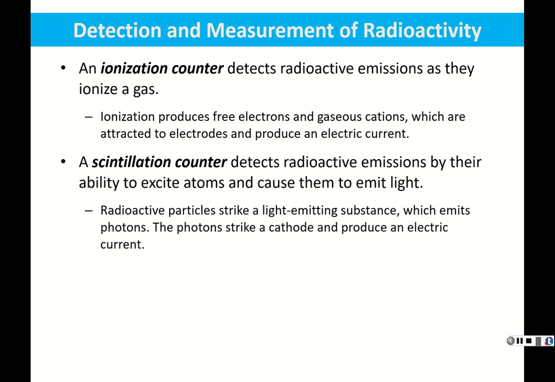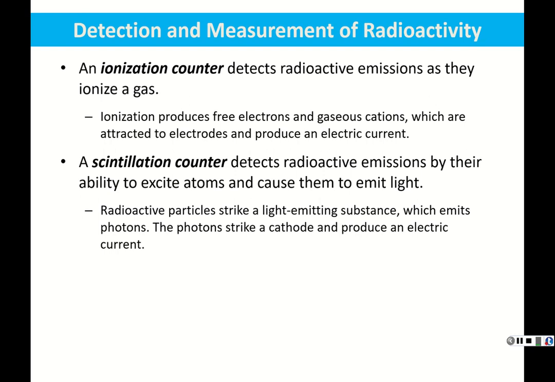Ionization produces free electrons and gaseous cations. Those are then attracted to electrodes, and they produce a current, which on most devices ends in a blip or a count.